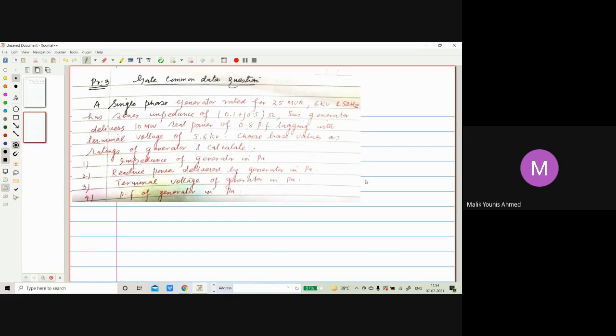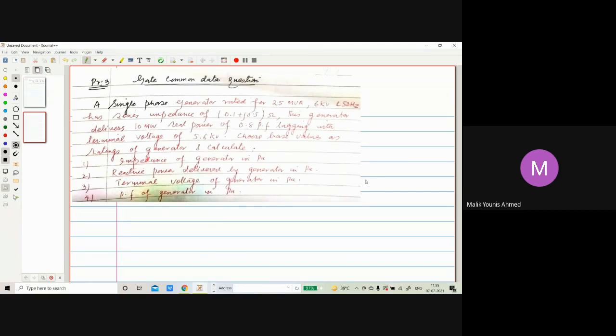This generator delivers 10 megawatts of real power, that is P is 10 into 10 to the power 6 watts, at 0.8 power factor lagging.